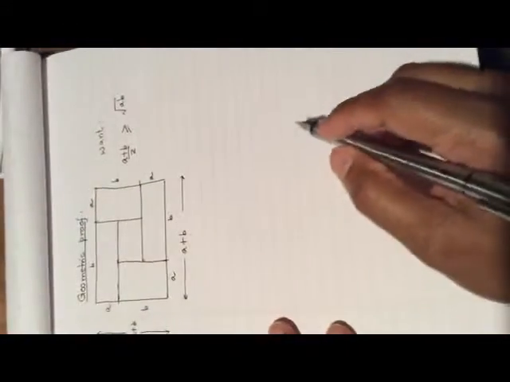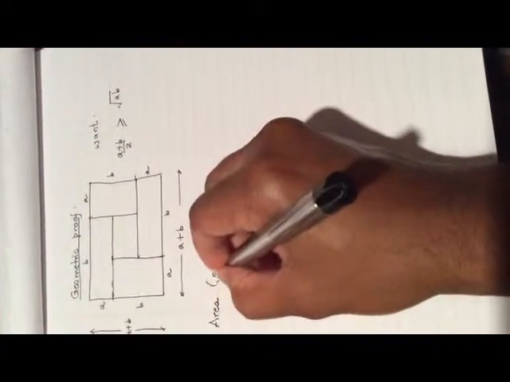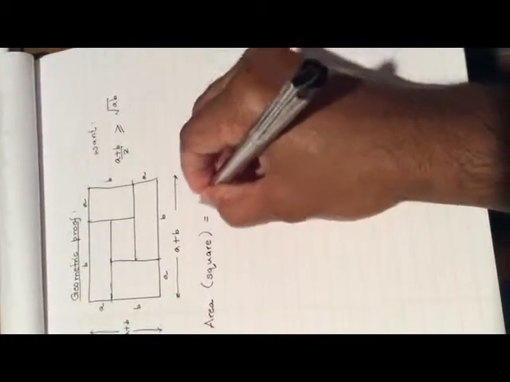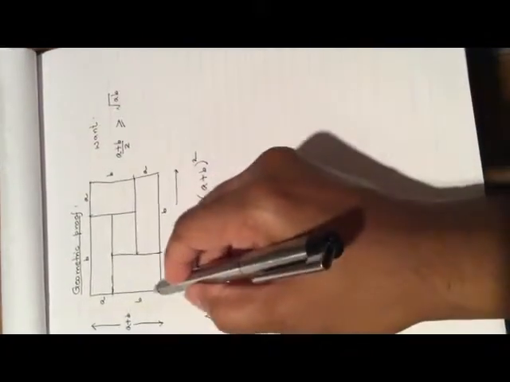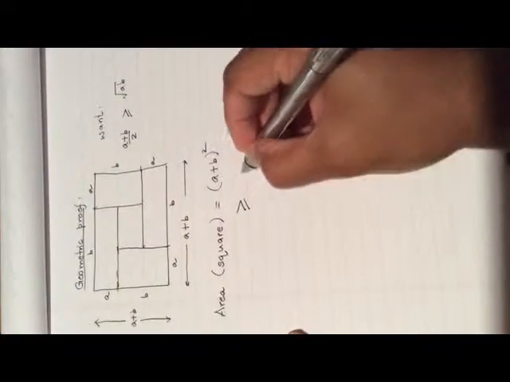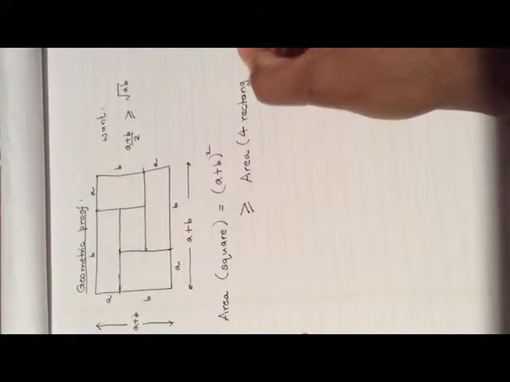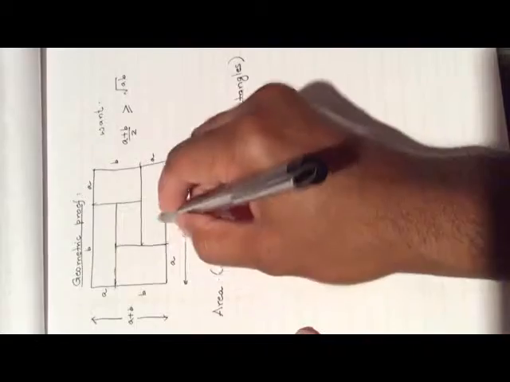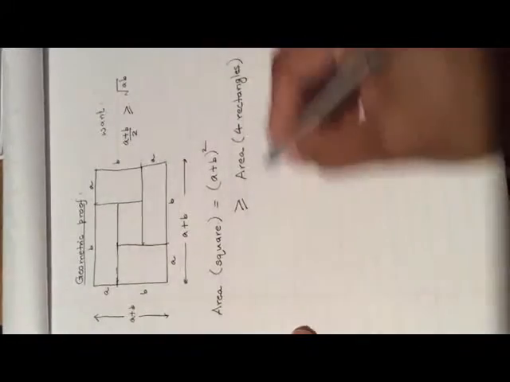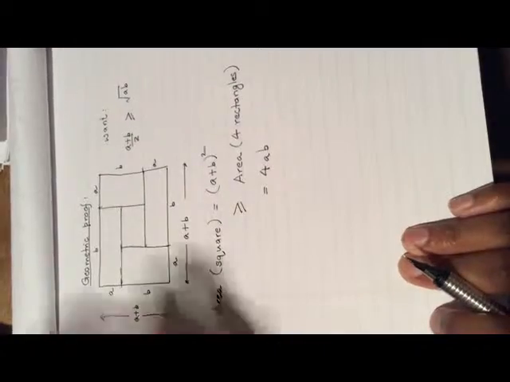Okay. So what is evident from the picture is, well, the area of the outer square is just the side length squared, which is a plus b squared. And the square contains the 4 rectangles inside it. Therefore, this is bigger than or equal to the area of the 4 rectangles. Well, what is the area of each rectangle? It's b times a, or a times b, and 4 times that. So the area of these 4 rectangles is 4ab. Okay.